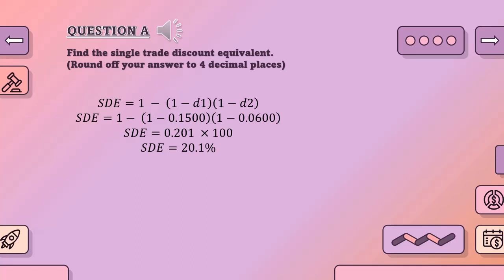Single discount equivalent equals 1 minus (1 minus 0.1500)(1 minus 0.0600). Single discount equivalent equals 0.201 times 100 equals 20.1%.